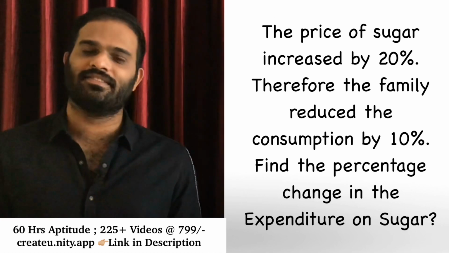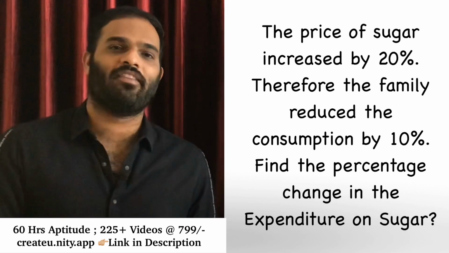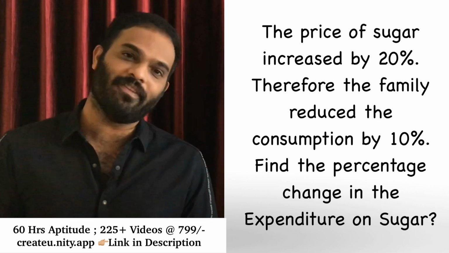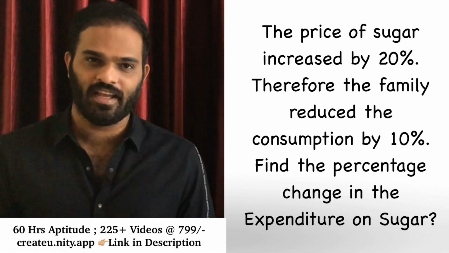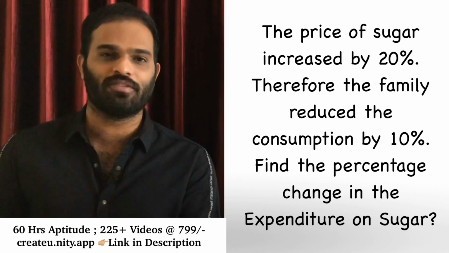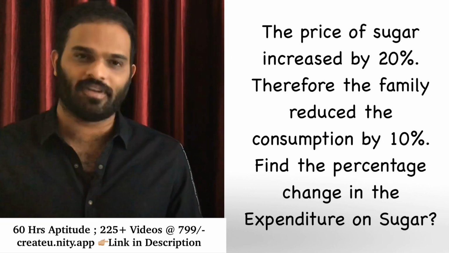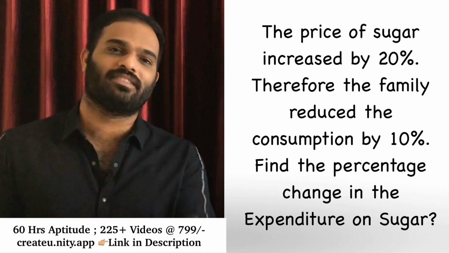So my calculation is very simple. I will go for 100%. And I'll increase it by 20%, it becomes 120%. From 120%, I have to decrease 10%. That 10% will be calculated on 120. 10% of 120 is 12. If it is decreasing by 12, it becomes 108. From 100, it has become 108. So the overall change in the expenditure of the family is 8% increase.